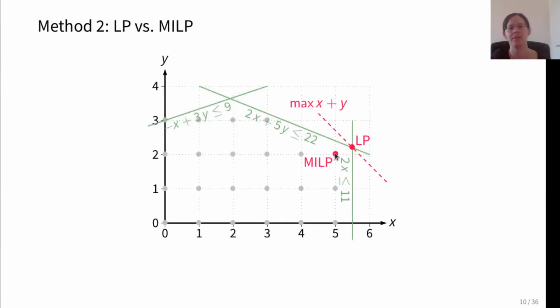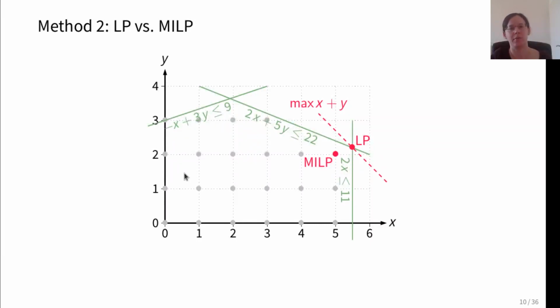Among these, the best one is this one here, because it's the farthest in this direction. However, this is no longer a corner point, which means it's much harder to find. Which also means that solving an LP problem is in fact a lot easier than solving a MILP problem. And solving a MILP problem typically gets harder the more integer values there are. This is because of the way that this integer condition is handled internally, which also does this sort of branch and bound like we've seen in the Matsui algorithm, but in a slightly different way.